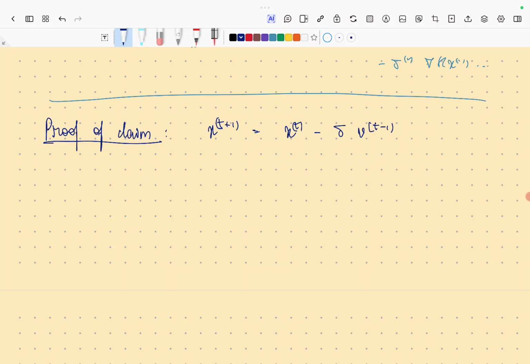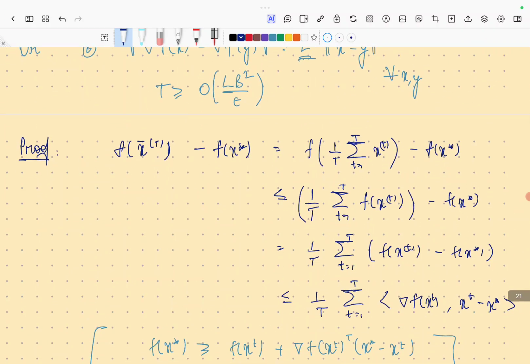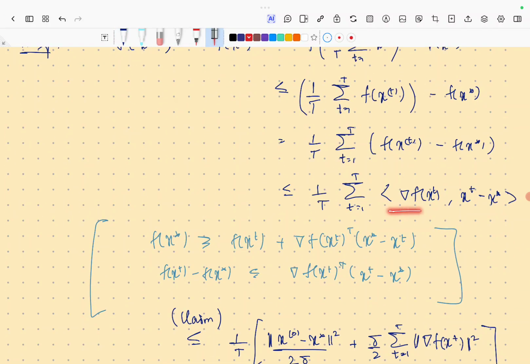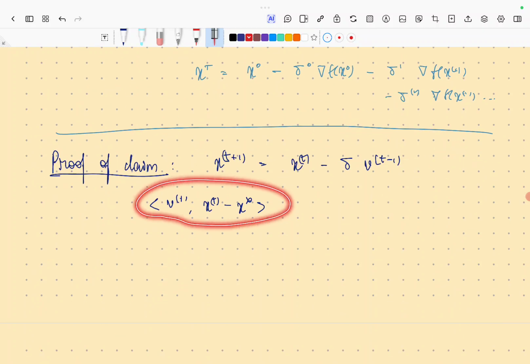Now in this case, let us look at the inner product between vt and xt minus x star, because this was exactly the quantity that we had back here. This was the quantity that we wanted to bound. So let's look at one term that looks like this, the inner product between vt and xt minus x star.